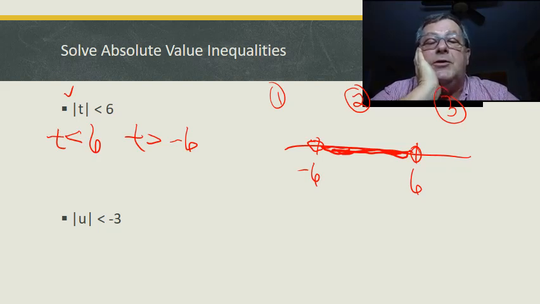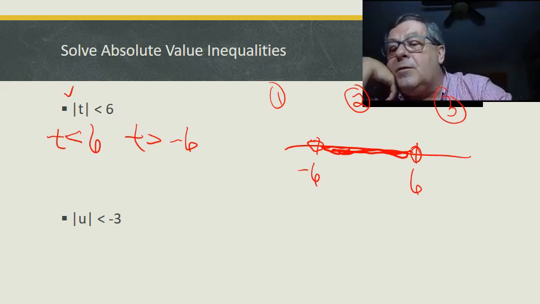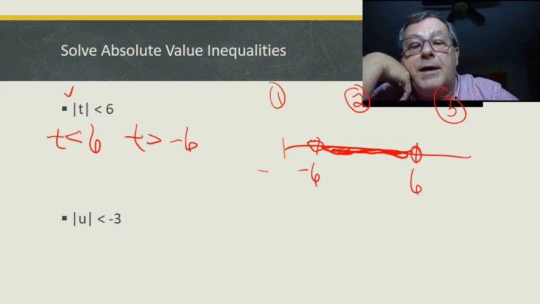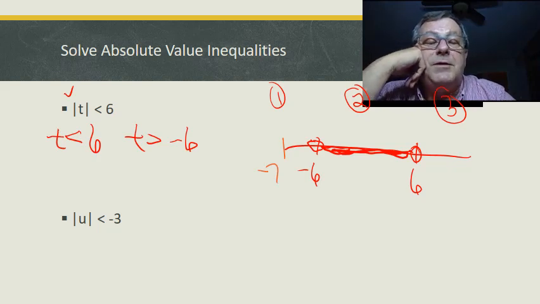And if it doesn't give me a true statement, then it's not included in the solution set. So let's just say I want to come in here and I'm going to say, okay, well, what about negative 7? Well, if I substitute negative 7 in for t, the absolute value of negative 7 is 7, and 7 is not less than 6. And so that interval fails.